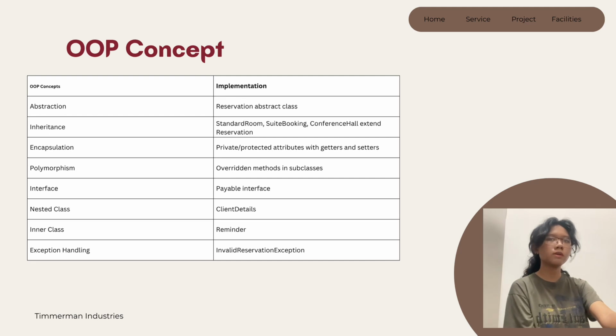We also implemented an interface called payable, which defines payment-related behavior. Additionally, we included a static nested class called client details and an inner class called reminder inside the reservation class. Finally, exception handling is implemented using the invalid reservation exception class to validate user input and handle invalid reservation data.